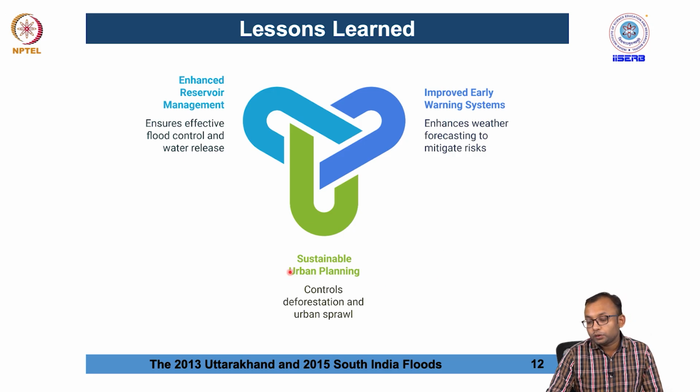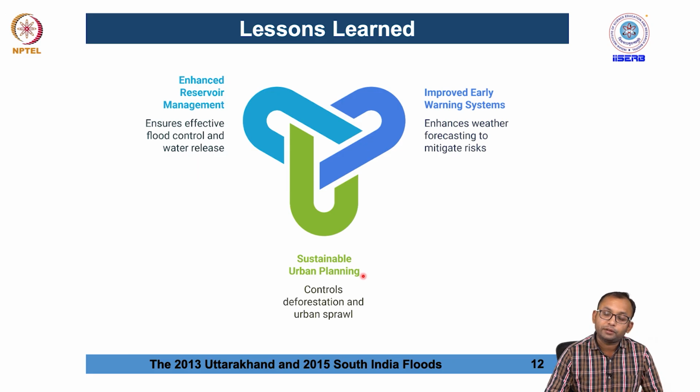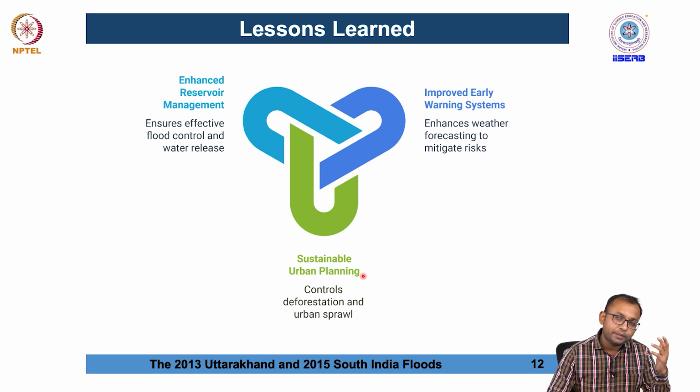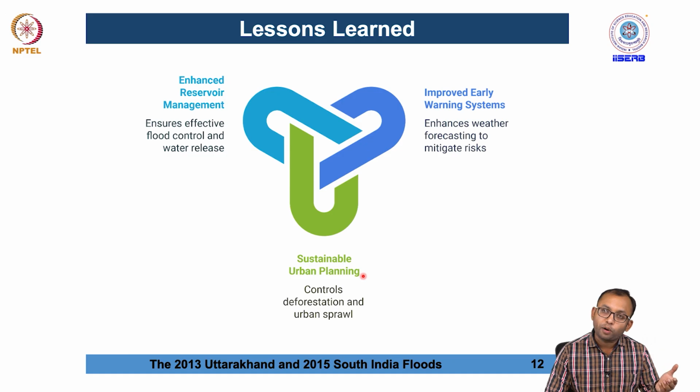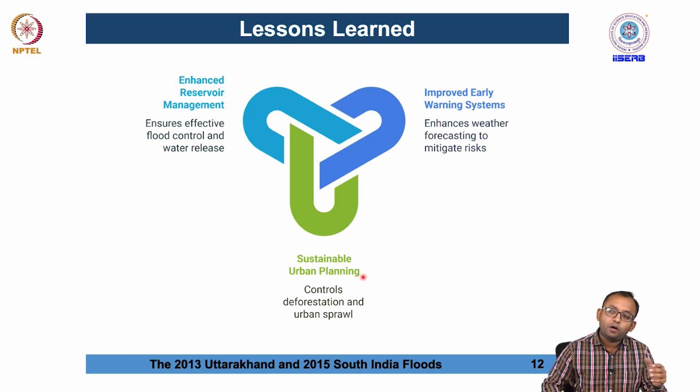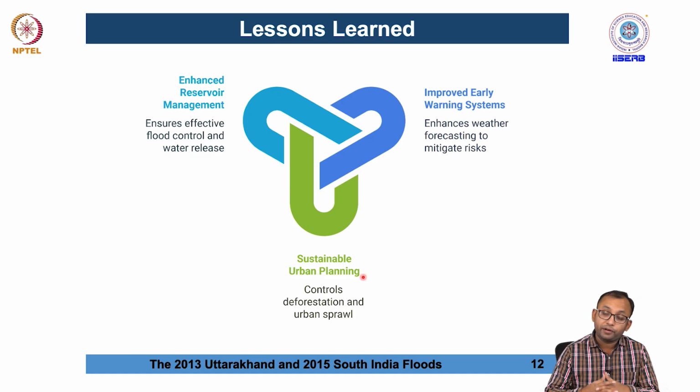Then we have also learned from these studies about sustainable urban planning. We know that climate is changing, temperature is rising, and extreme precipitation events are also rising. When you have urban sprawl, and urban clusters are growing very fast, we have a limited area where the water can go into the ground, and most of the water will become surface water.